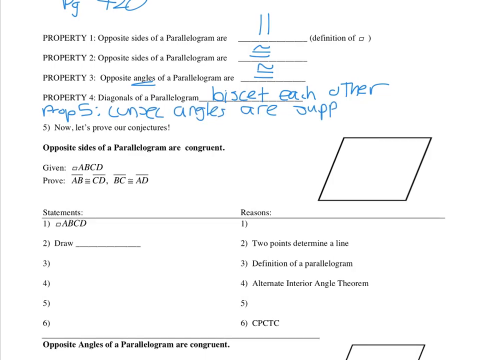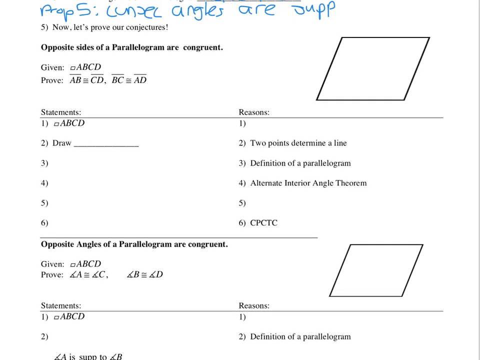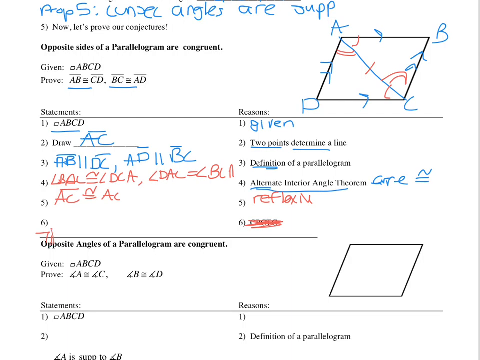Now we're going to prove some of these properties with proofs. So the first thing I want to prove is in parallelogram ABCD, I want to prove that the opposite sides are congruent. I'm going to start with being given parallelogram ABCD. Then what we're going to do is draw AC. There's going to be 6 and 7. So for 6, I'm going to say that triangles are congruent.